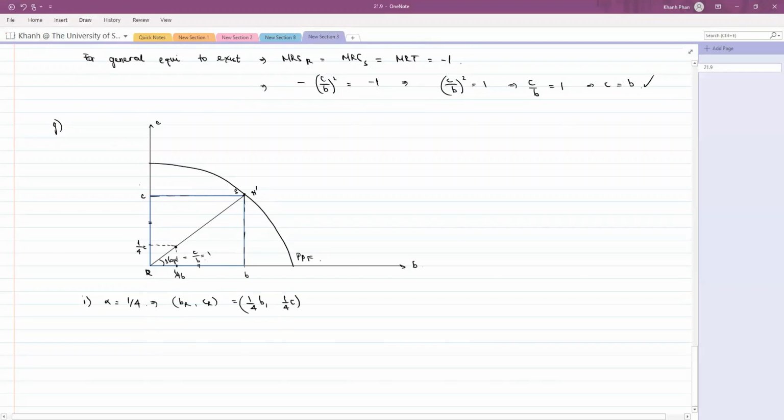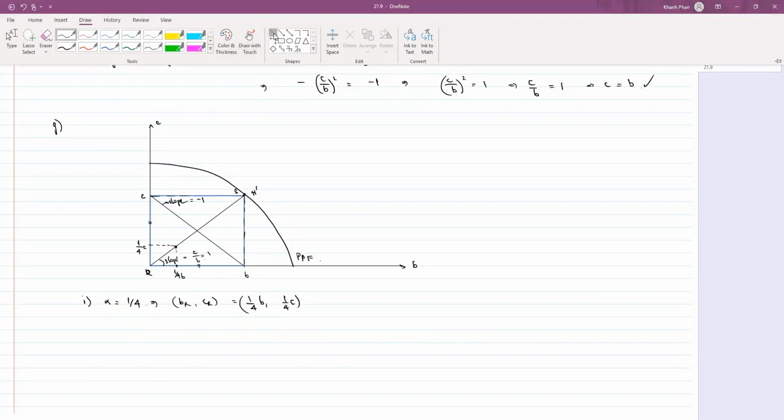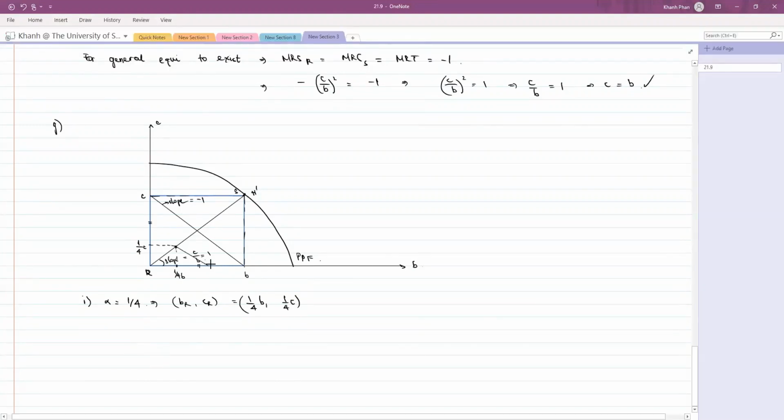So if I draw a line going from this point to this point over here, then you know that this line is going to have a slope of -C on B, and that is just -1, because C is equal to B. So I want to draw a line going through this point over here, parallel to the line with the slope of -1. So this line will have the slope of -1.